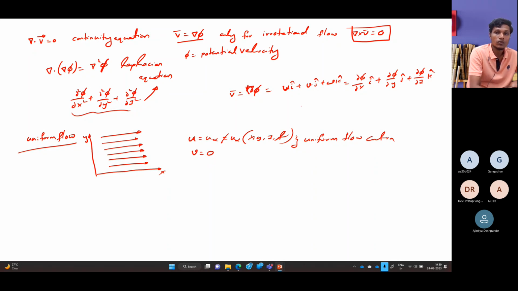This is the important relation. From this, u equals ∂φ/∂x, v equals ∂φ/∂y, and w equals ∂φ/∂z, right?